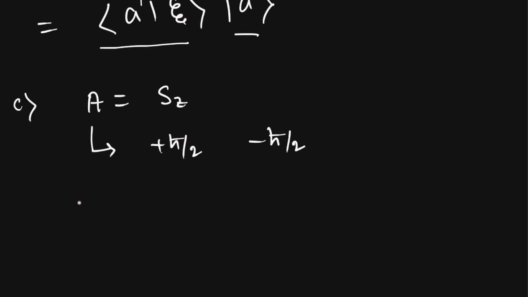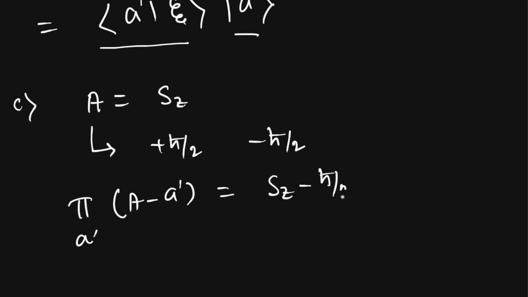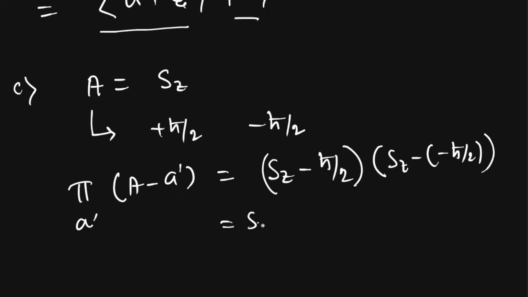Then the operator, that means the multiplication (A - a prime), will become (Sz - h cut by 2) times (Sz - (minus h cut by 2)). That means (Sz - h cut by 2) into (Sz + h cut by 2).